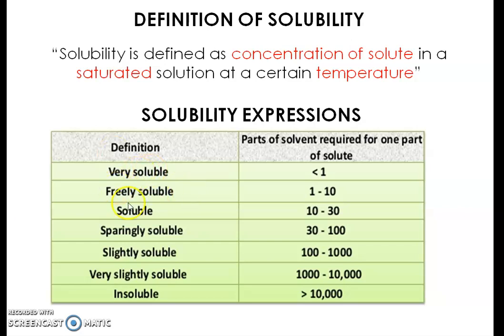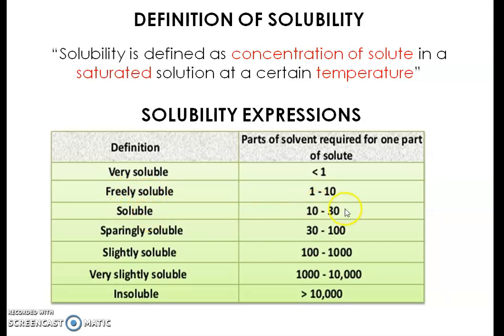If we take 1 milligram of a particular solute and we require 1 to 10 ml of that solvent to dissolve that solute, then we can say that it is a freely soluble solute.